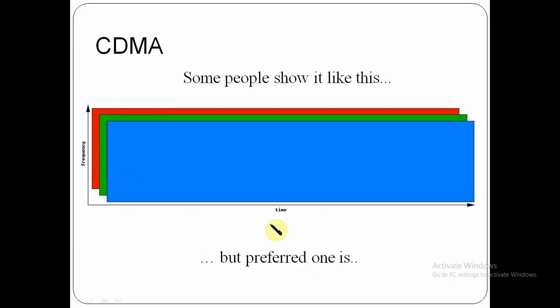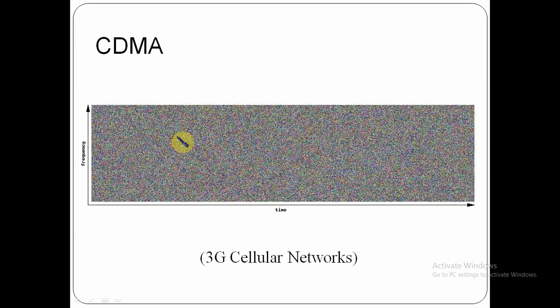When different users are preferred, that is the whole band, it is shown in the graphical representation. It will be used in 3G cellular networks, that is the WCDMA UMTS techniques, the third generation.